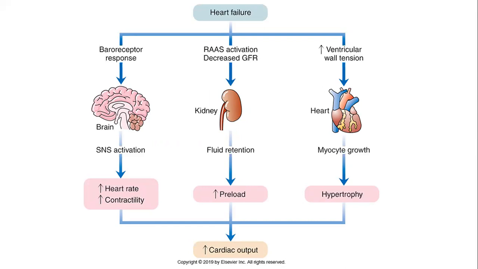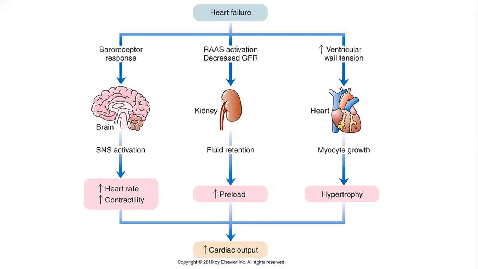So if there is increased ventricular wall tension, this is one compensatory mechanism, and this is a consequence of blood building up in the heart and all the preload and afterload problems, backward and forward pressure. That increases the stretch on the heart muscle, and that leads to hypertrophy.